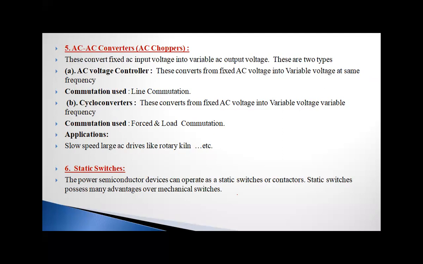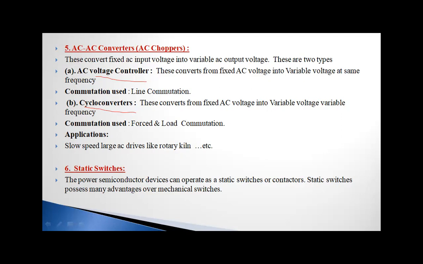The first one is the AC voltage controller, and the second one is the cycloconverter. So what is the difference between the AC voltage controller and the cycloconverter? Both are AC to AC converters, but the difference is frequency.